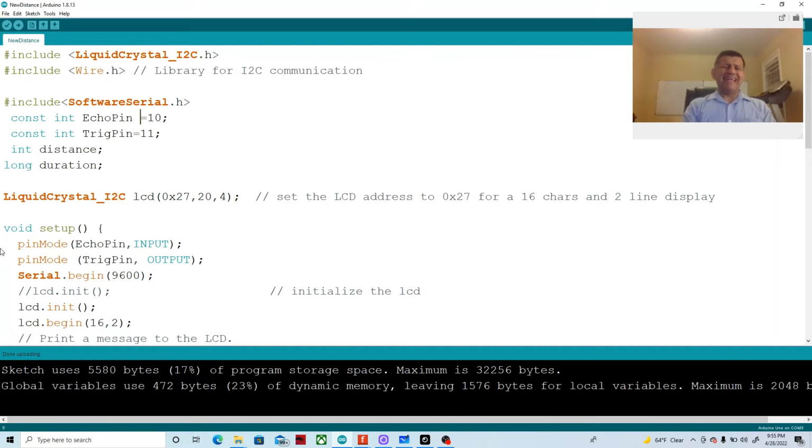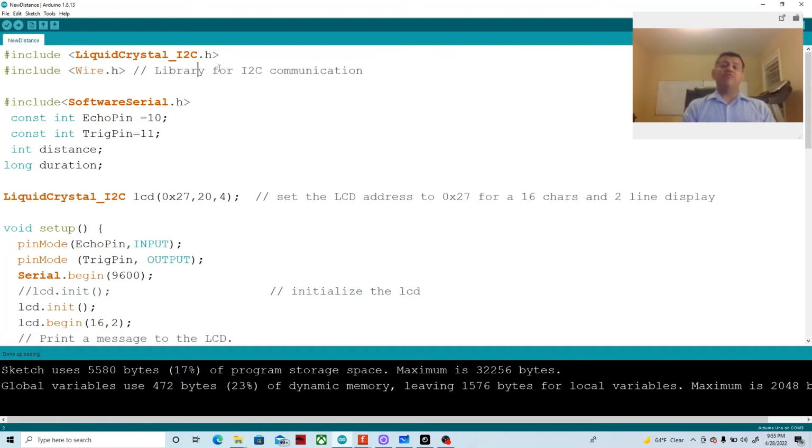So we have the include for the LiquidCrystal_I2C library, and this is the header file. You can go and Google LiquidCrystal I2C, and you will find this library, and you can include it in your code. I did not write this library.